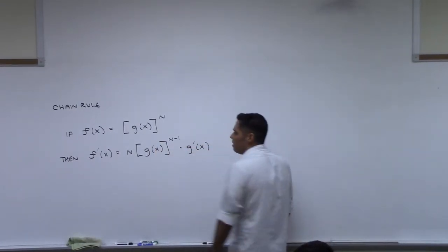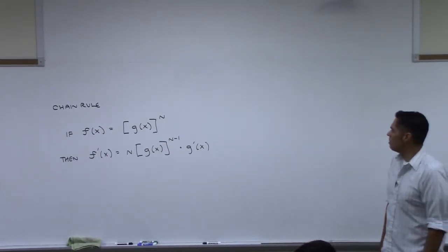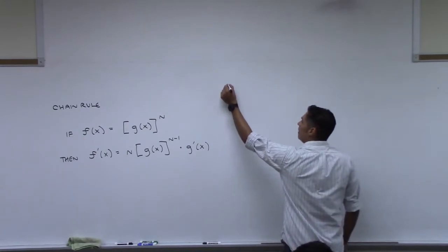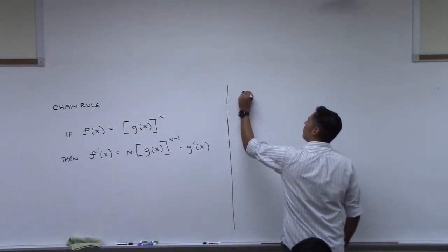And the formula is kind of ugly when you look at it, but in practice, I think it works out a little bit better than the formula implies in terms of the difficulty.